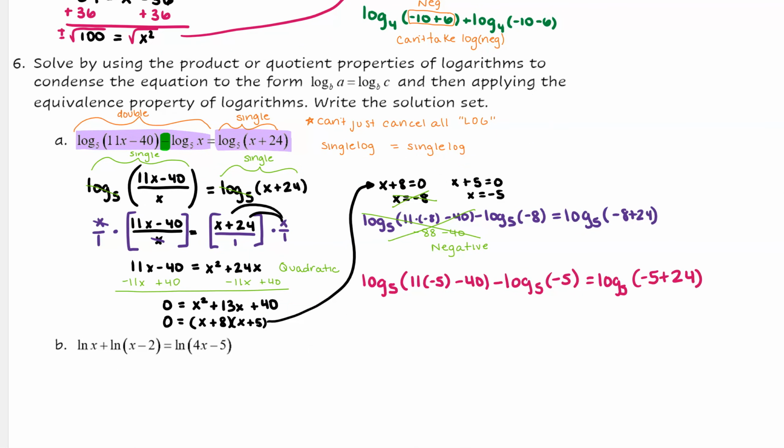So now, again, in this first log, negative 5 times 11 is negative 55. Minus 40 is a negative number. So since I can't use that for that log, I can't use it at all. And I say, oh man, both of my options, that's not an answer. Since nothing worked, there's no solution.